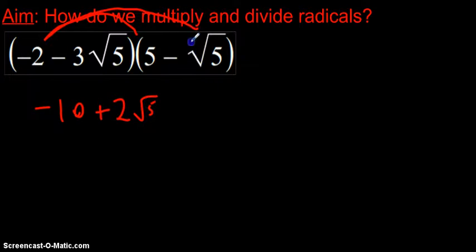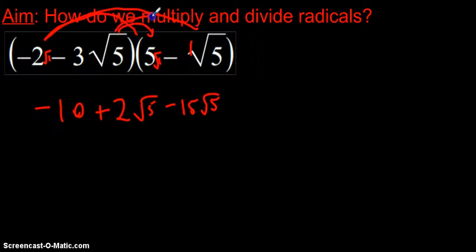Again, if that's not clear, the coefficient here is 1, the radical here is 1. Now we multiply negative 3 by 5, which is negative 15 radical 5. Again, the radical here is radical 1. And so that was this.